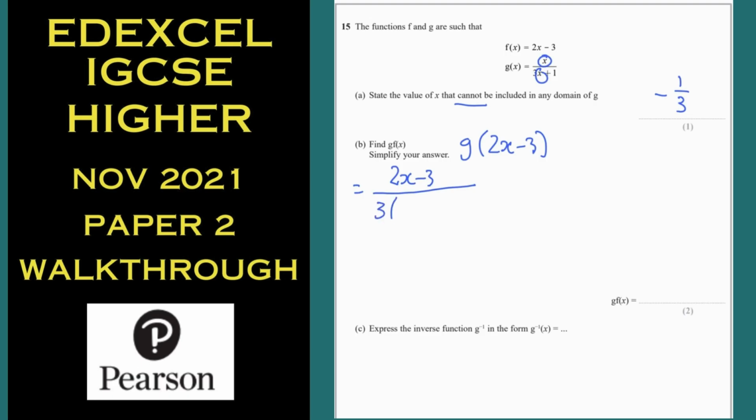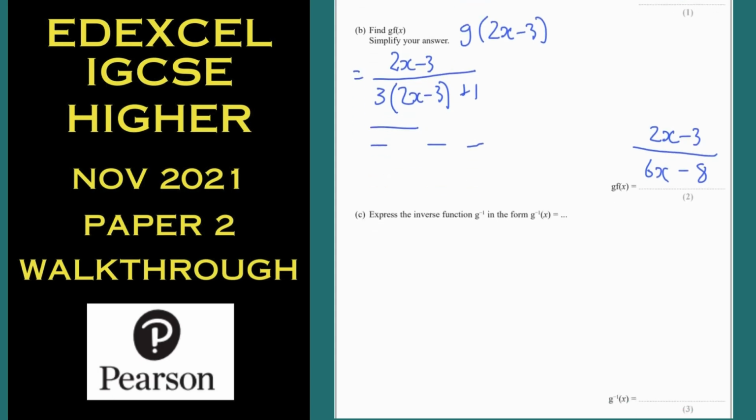There needs to be a 3 in front, and there is still a +1 on the end. So nothing will simplify on the numerator, but on the denominator, you'll have 3 lots of 2x, and you'll have 3 lots of -3, -9, but then add the 1. And that's, again, it's only worth 2 marks, doesn't simplify.